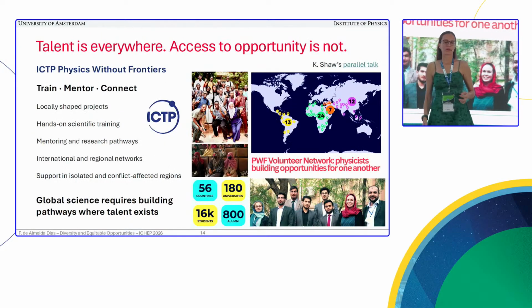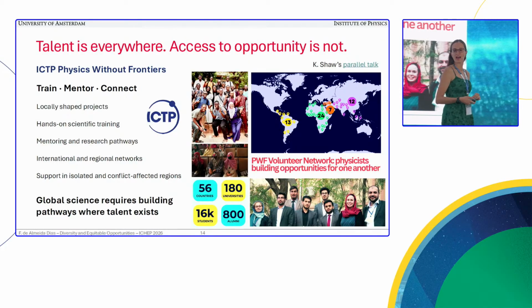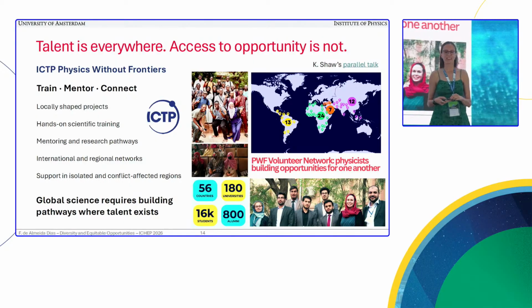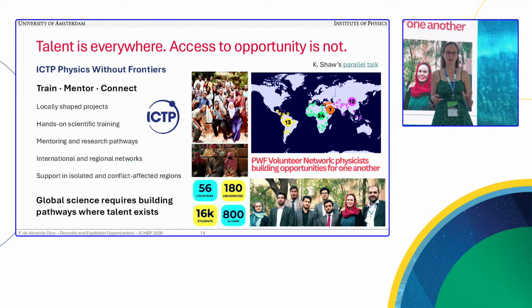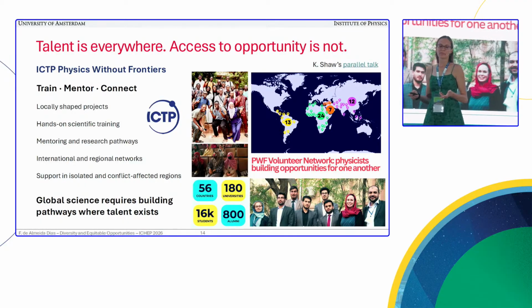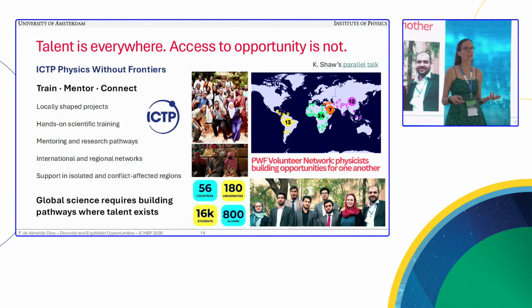Another thing is about accessibility. Talent is everywhere, access to opportunity is not. This is to highlight Kate's parallel talk on the ICTP Physics Without Frontiers. The idea here is that you have this program that goes to places which are isolated based on geography, based on conflict, or based on lack of resources.